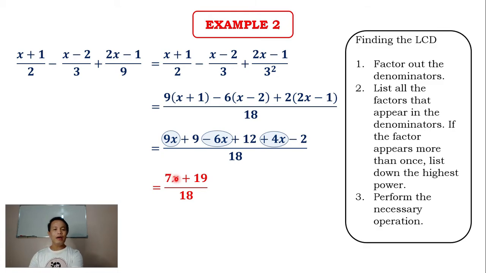The same happens for the constants. We have here 9 plus 12 minus 2. So that is 9 plus 12 is 21, minus 2 is 19. Then we copy the LCD, which is 18. Now since 7x plus 19 is not factorable anymore, and there are no more common factors in the numerator and denominator, so therefore this is now our final answer.